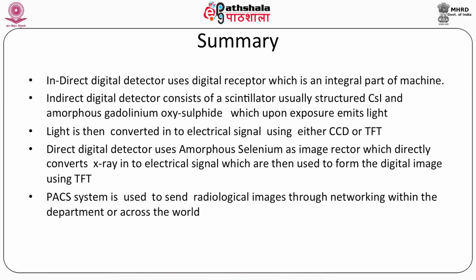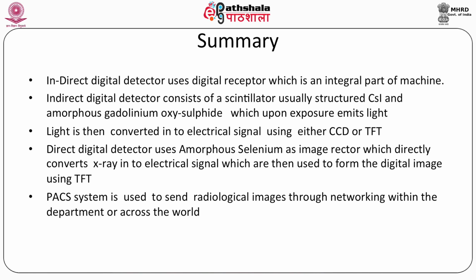Then there are direct digital conversion detectors, which are an integral part of the machine. An indirect digital detector consists of a scintillator, which usually is made of structured cesium iodide or gadolinium oxysulfide.